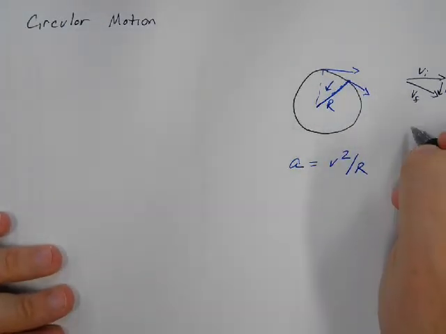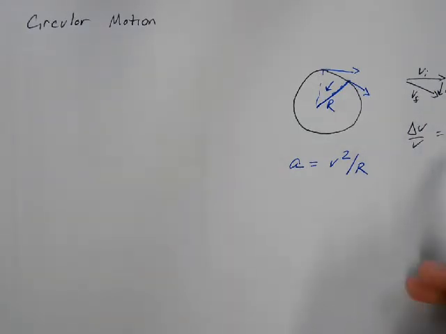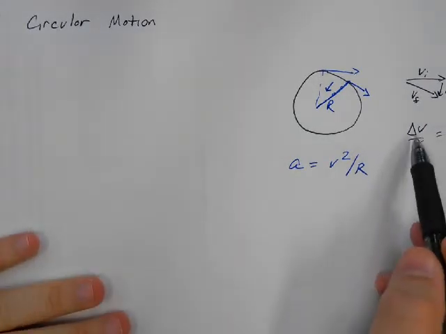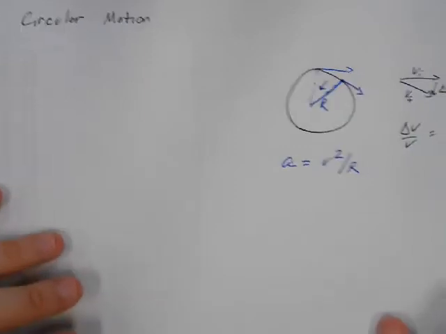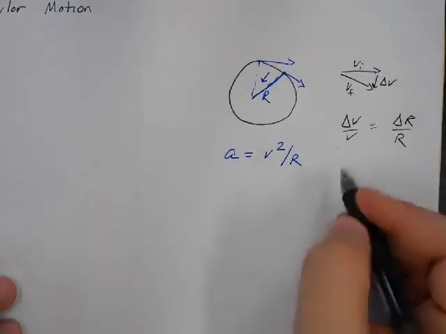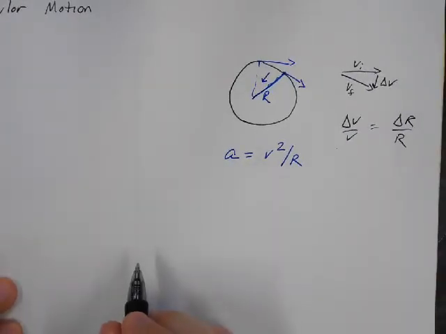And this is just saying that delta v over v is proportional to delta r over r, which if you solve this out by putting in a delta t and letting it go to 0, then you get this acceleration.